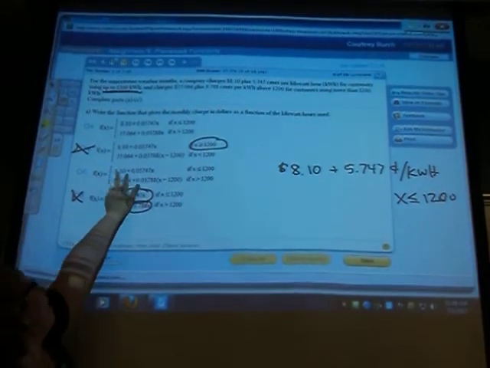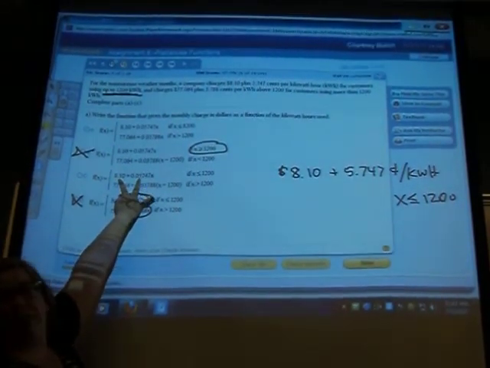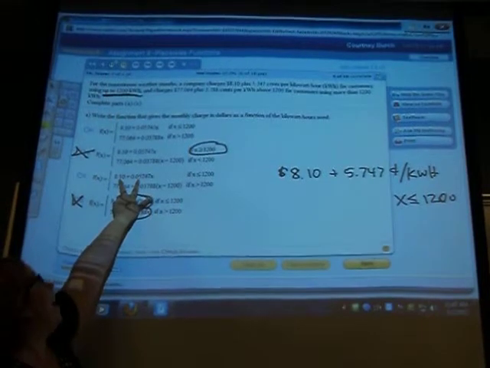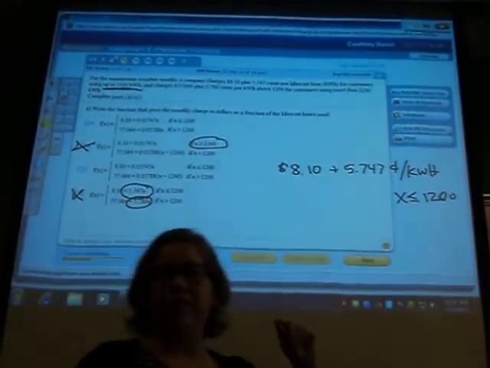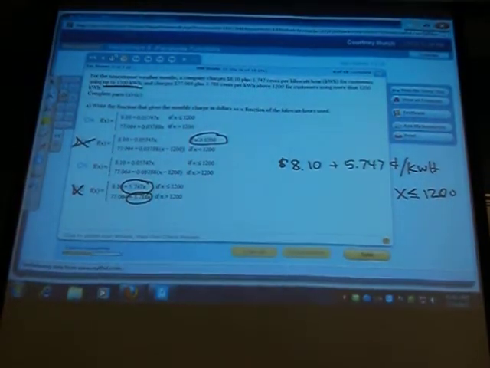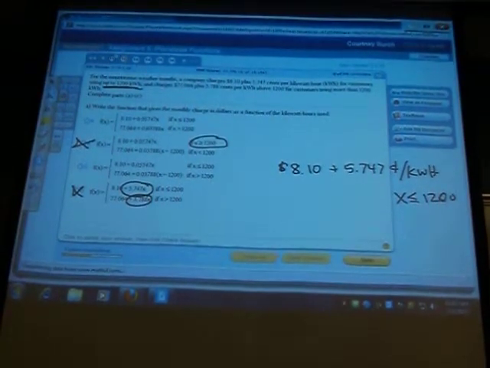Okay? Guys, take a second and take this first equation and plug in 1200 into this. This 8.10 plus 0.05747x. Plug in 1200 there into your calculators. You guys have calculators.